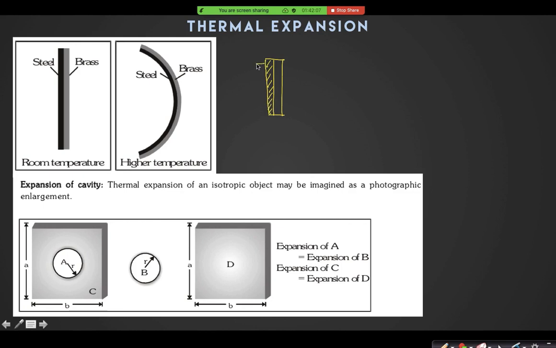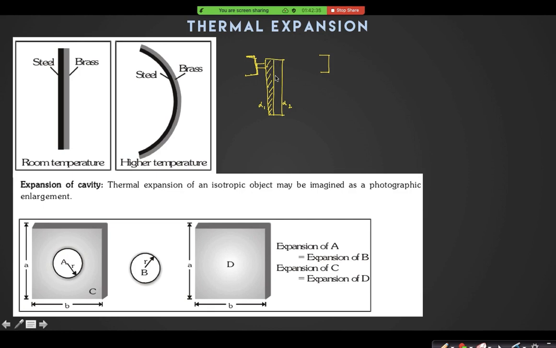If this is a switch, in normal temperature the switch is connected. But as I increase the temperature, suppose alpha 1 is more than alpha 2, then this length will increase more than the other one.